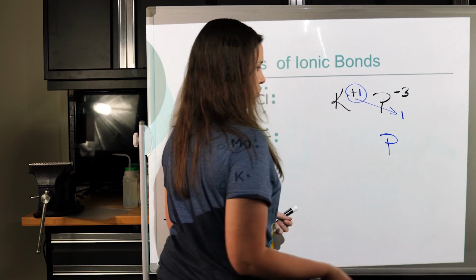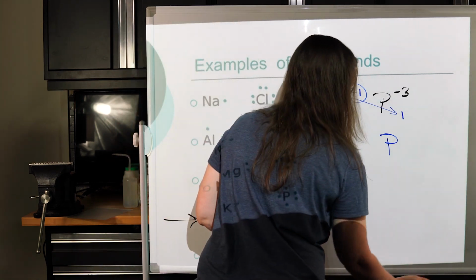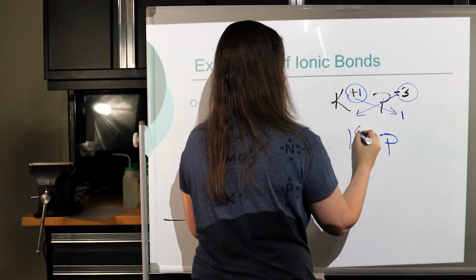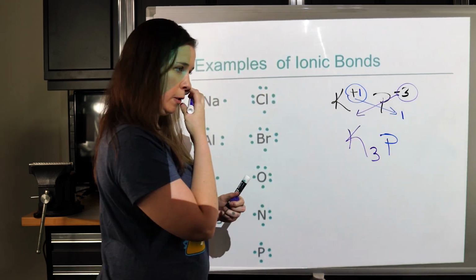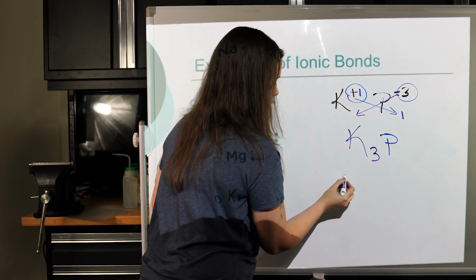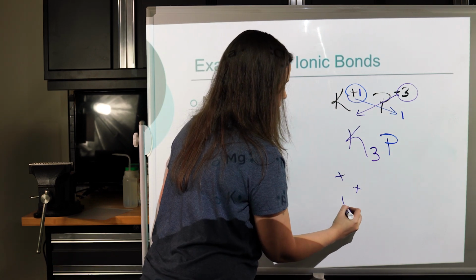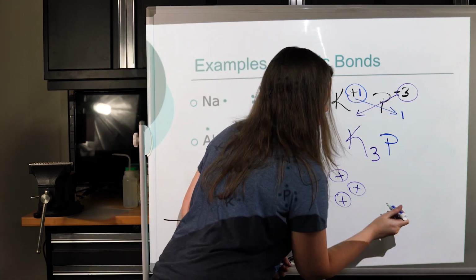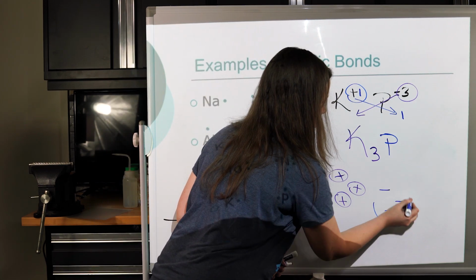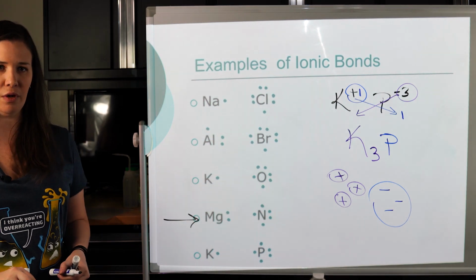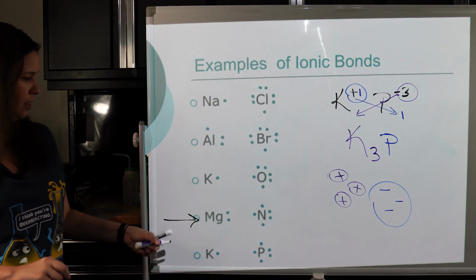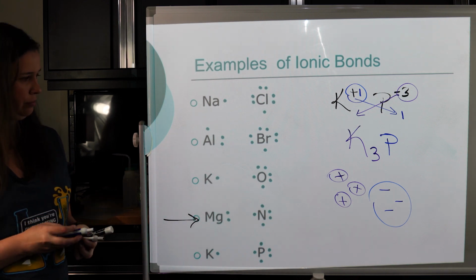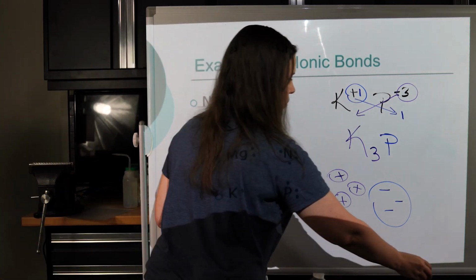Whereas my 3 would then be the subscript for the K, so I would write K3. K coming as a set of 1 would have 3 separate positive charges, which would cancel out with the set of 3 negative charges for the phosphorus. So the answer for the potassium and phosphorus mixture is K3P. Final answer. All right.